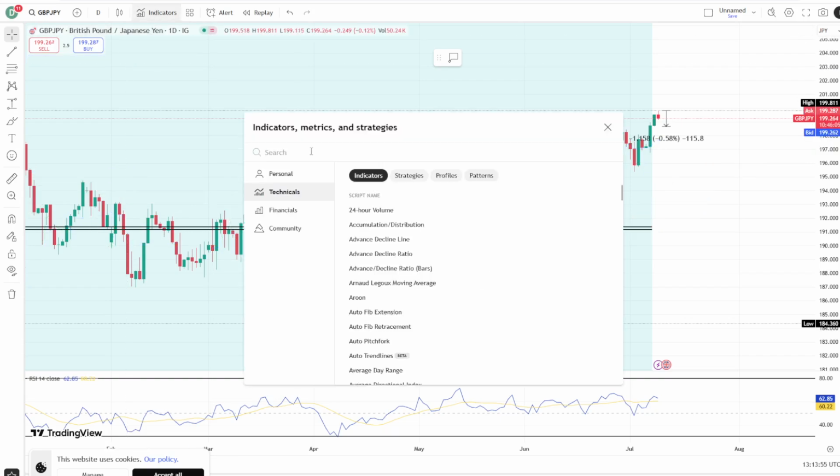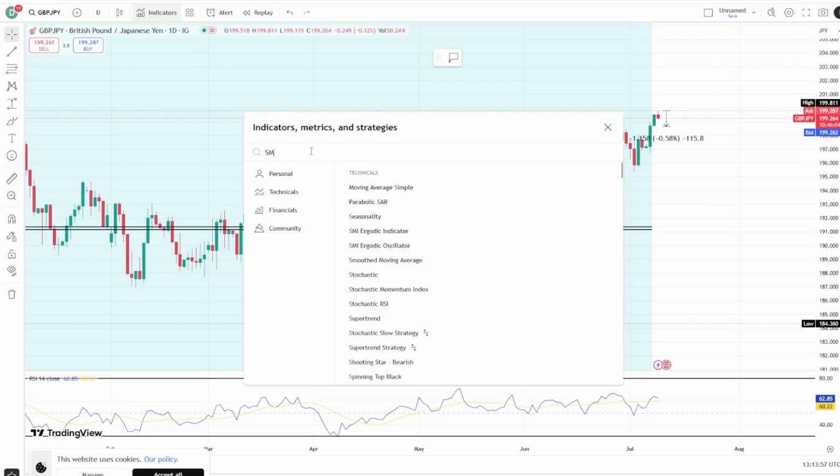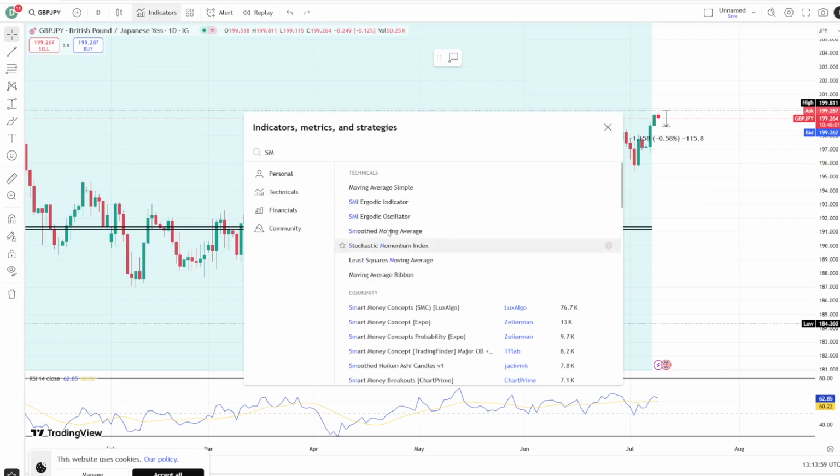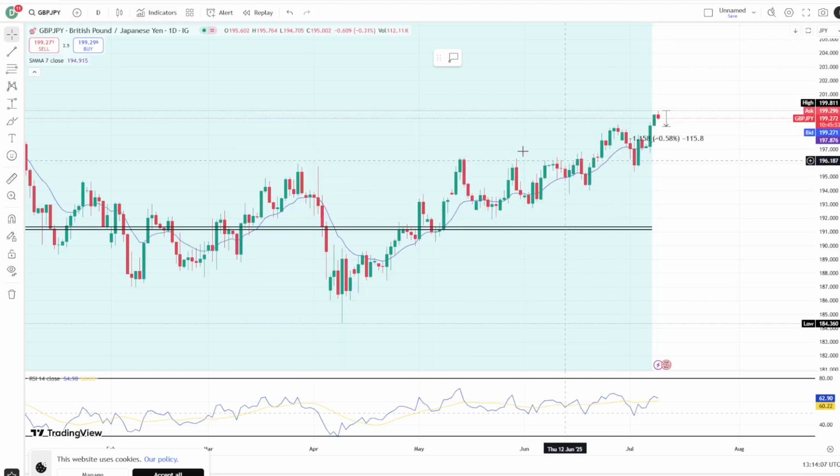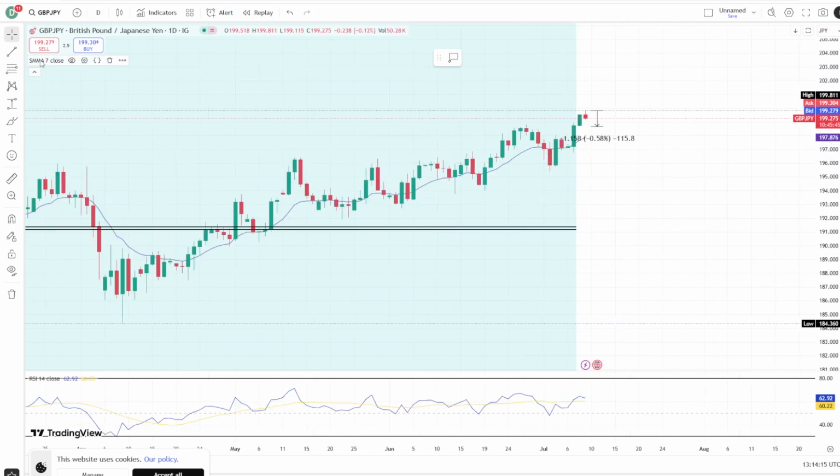when we go on TradingView, we know that we have a simple moving average, SMA. Simple, smooth, because we like smooth things. And we have a 7 days moving average, but here we have a 7.